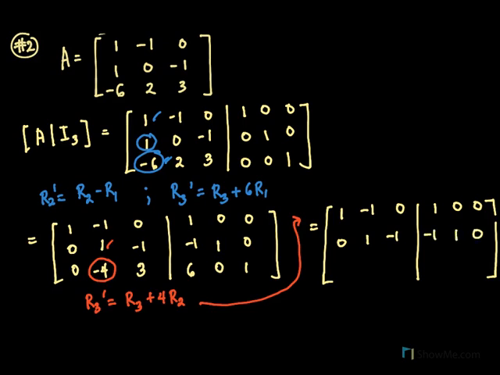So, 0 plus 0, this is 0. Applying this, no? Negative 4 plus 4, this is 0. 3 plus negative 4, that's negative 1. You have 6 plus negative 4, that's positive 2. 0 plus 4, that's 4. And then 1 plus 0, that's 1.